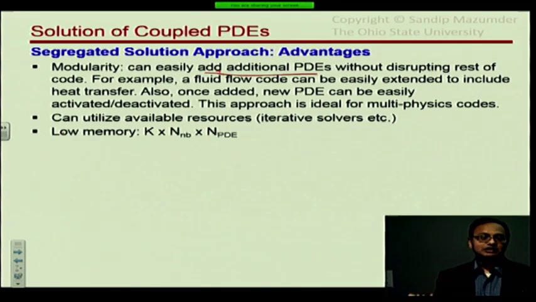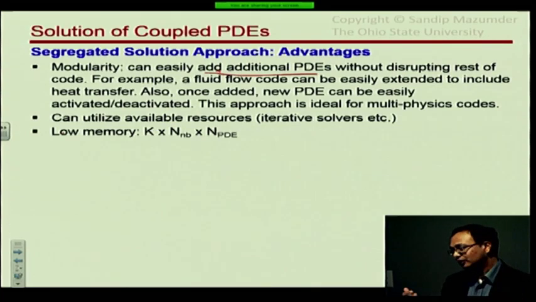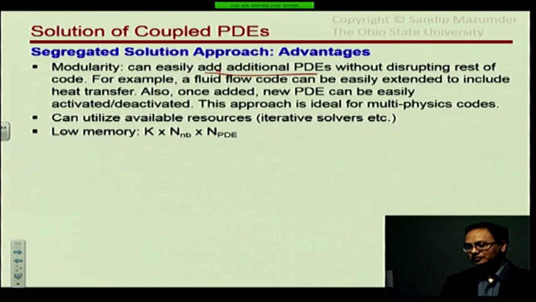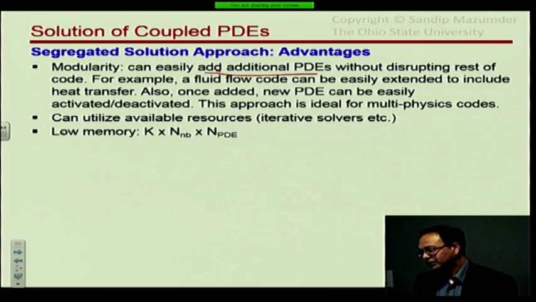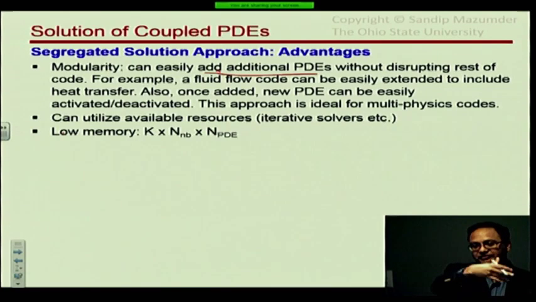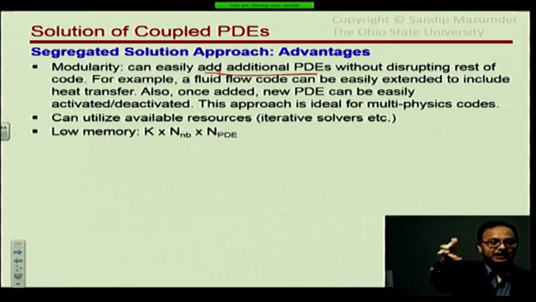If I start with a flow code, then I add energy, then I add chemical reactions, then I add plasma, I can keep adding new physics to it. Doesn't mean that the code will always converge, but from a developer's point of view, it's ideal. If I have 5 developers, 5 people can work on 5 different aspects of the code and then put it all together.